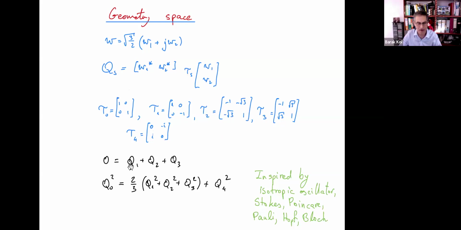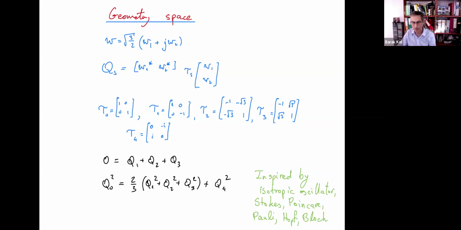However, these Qs satisfy a relation Q1 plus Q2 plus Q3 equals 0. So that means that really it's just a 3-dimensional space. And it also satisfies this relation.